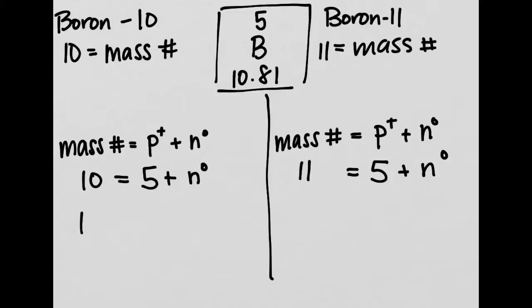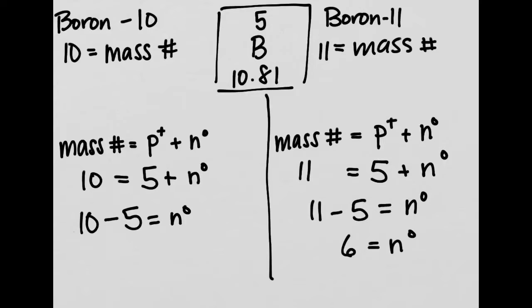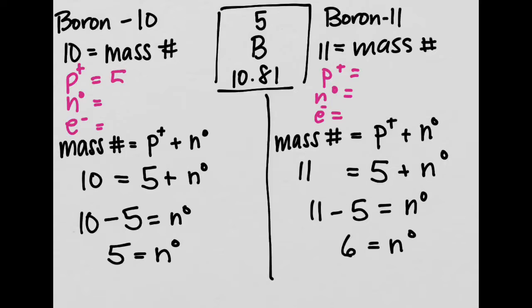Then I solve for the number of neutrons. Five and 5, 5 and 6, and then they are neutral atoms, so 5 and 5, or else they become ions, and that's what we're going to talk about next.